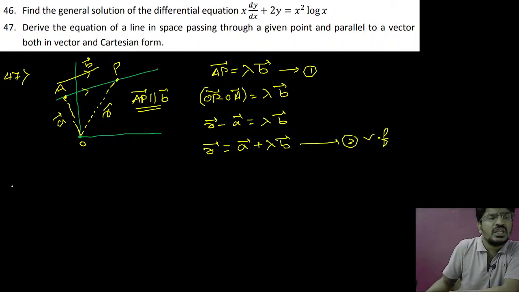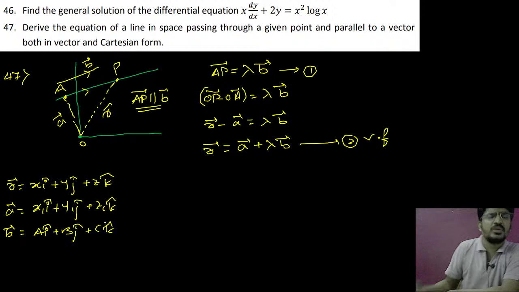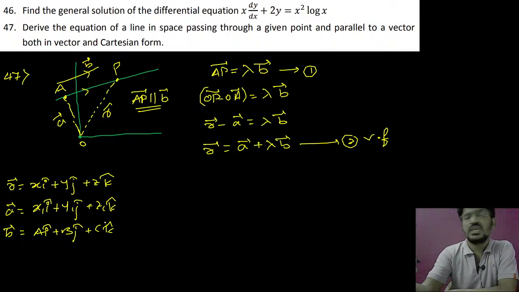In Cartesian form, vector R can be written as x i cap plus y j cap plus z k cap. Vector A can be written as x1 i cap plus y1 j cap plus z1 k cap. Vector B you can write as a i cap plus b j cap plus c k cap. This is because it is a given vector, so a, b, c will be the coefficients of i, j, k.